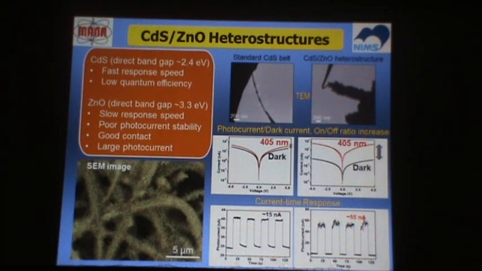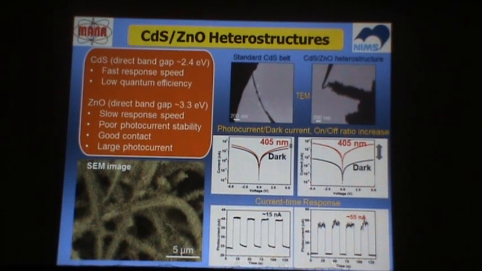In this case, again, we prepared this structure by ourselves, and we can compare how the single material, cadmium sulfide, is worse compared to the heterostructure, which is made of two materials, zinc oxide and cadmium sulfide. Both are very popular optical materials. Both have some advantages and disadvantages.